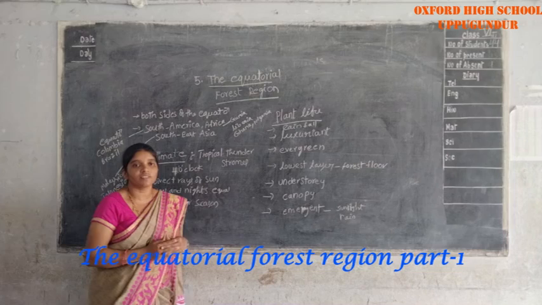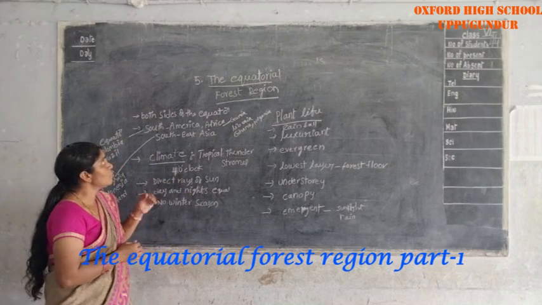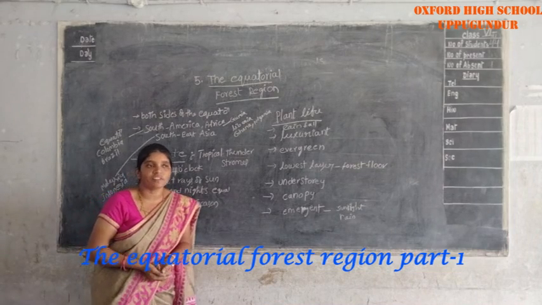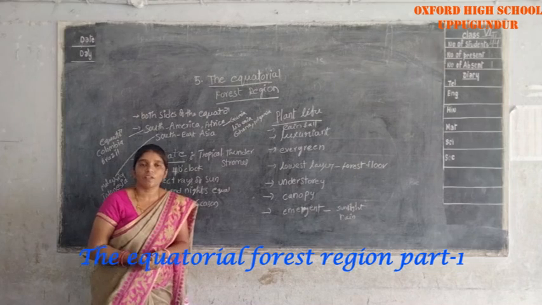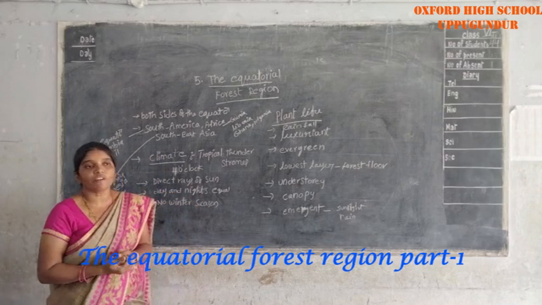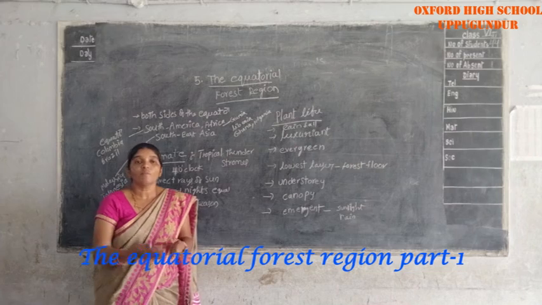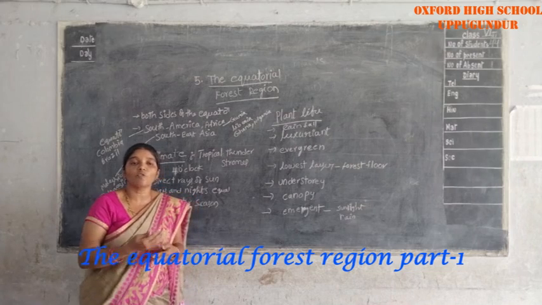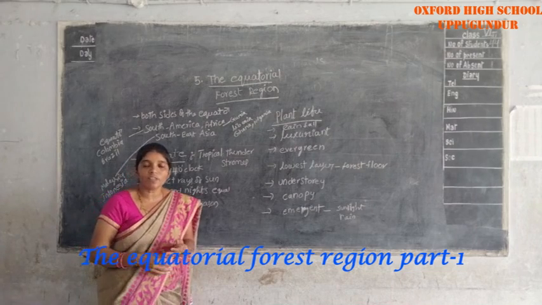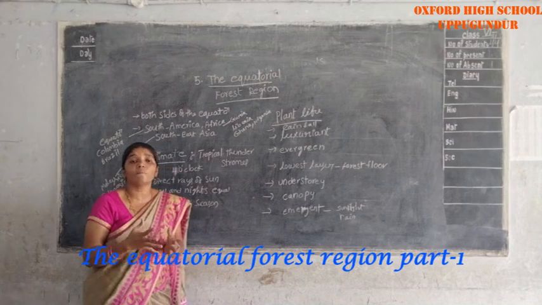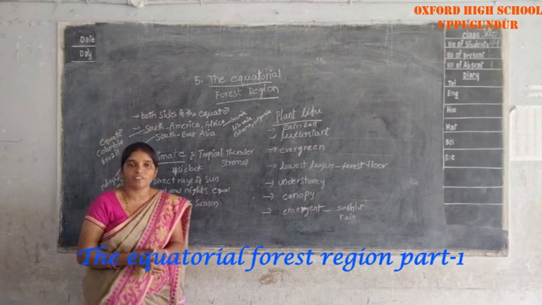We should know about the equatorial forest region, how it is. అది ఎలా ఉంటుంది ఈక్వెటోరియల్ ఫారెస్ట్ రీజియన్ అది ఎలా ఉంటుందంటే మనం దాని గురించి అన్ని విషయాలు తెలుసుకోవాలి. టోటల్ అబౌట్ ద we should know completely about the equatorial forest region.